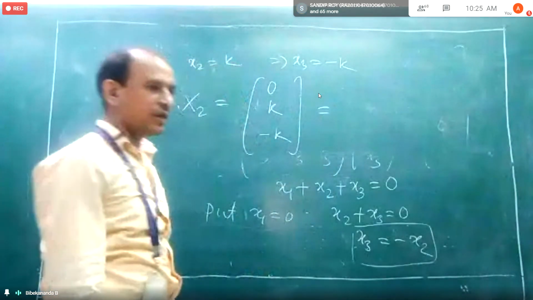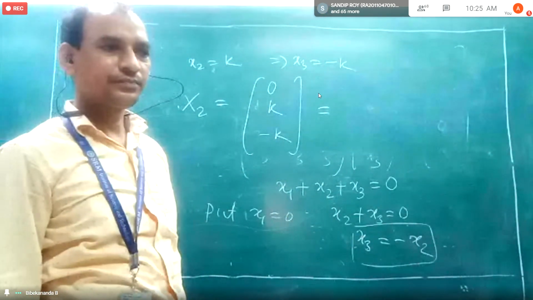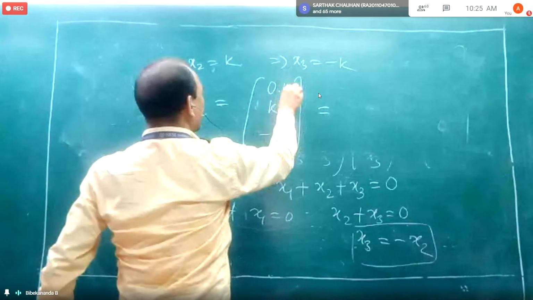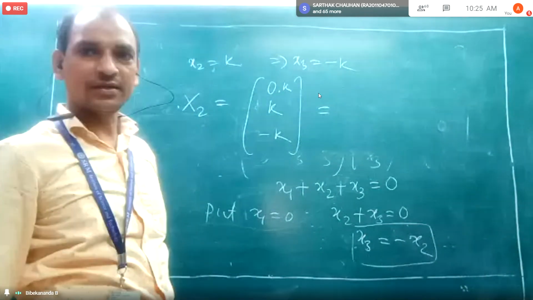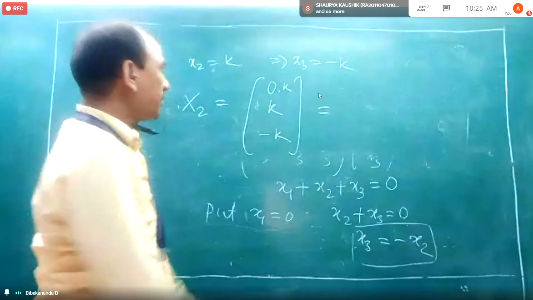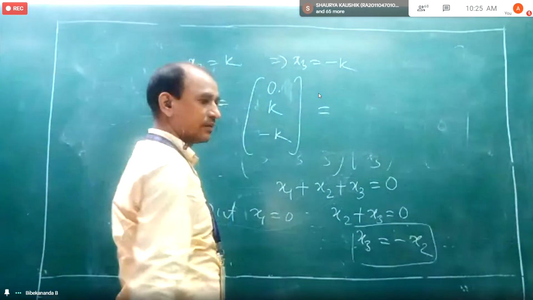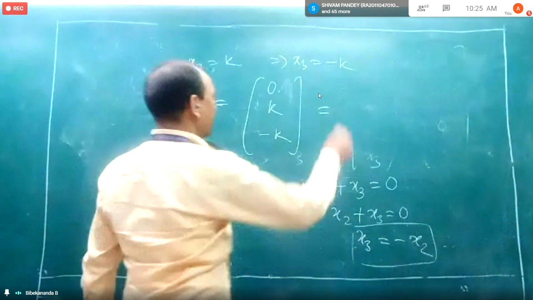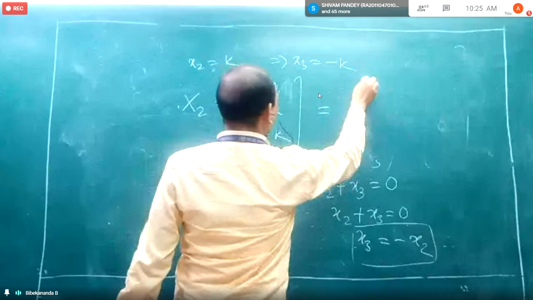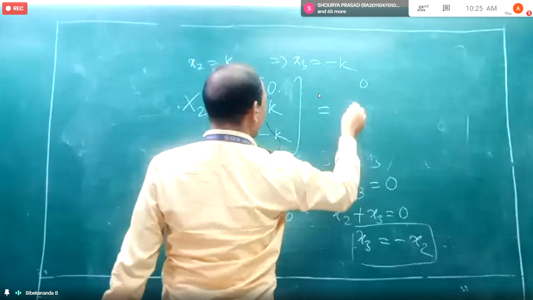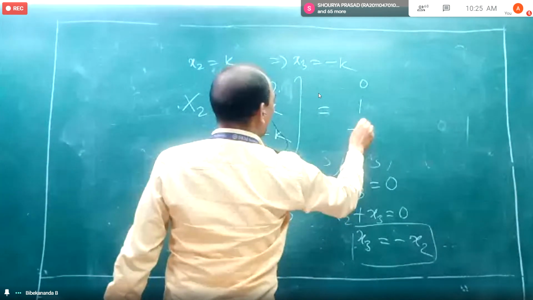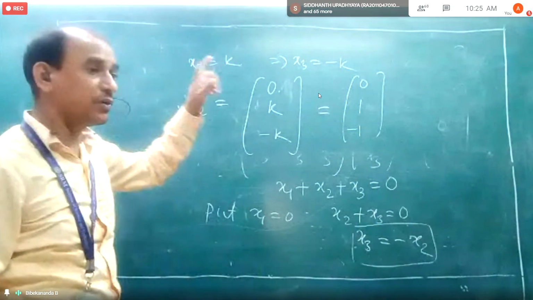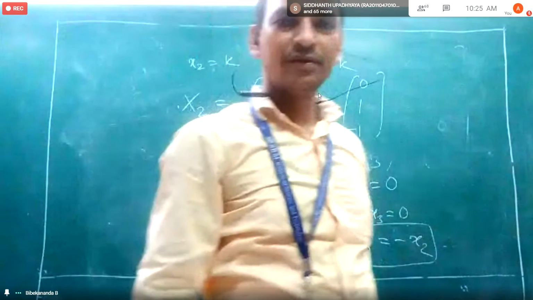Now what is the common in every term? k. 0 into k is again 0, so k is already there. If I take k common, what is the remaining? 0, 1, minus 1. So this is the eigenvector corresponding to lambda equal to 1, the first lambda.